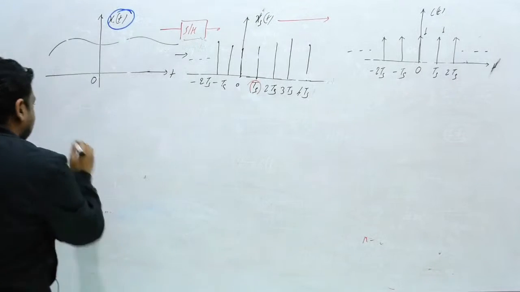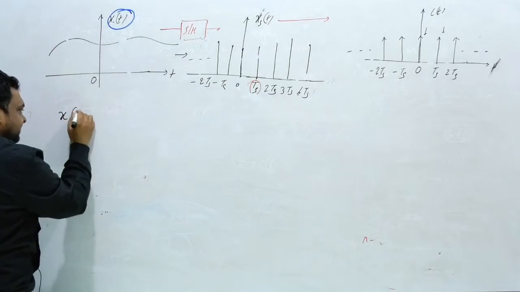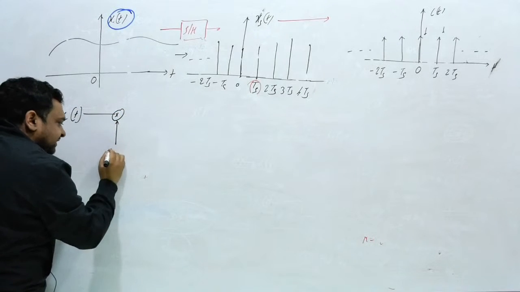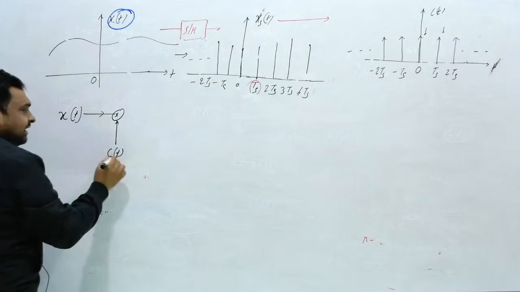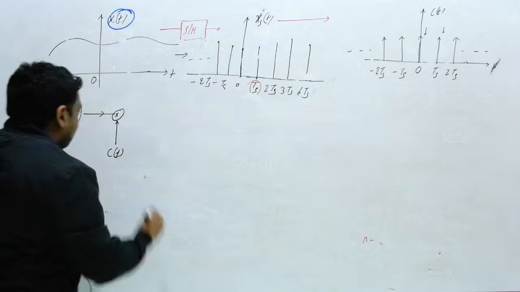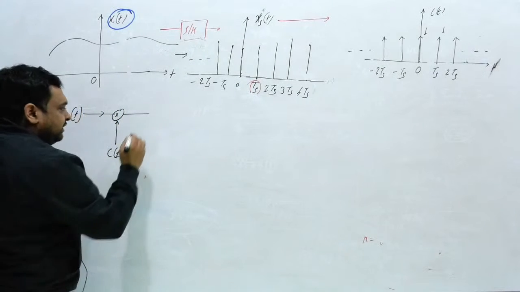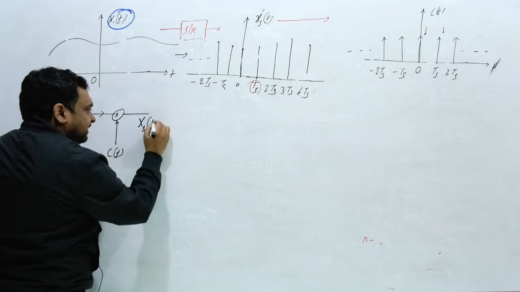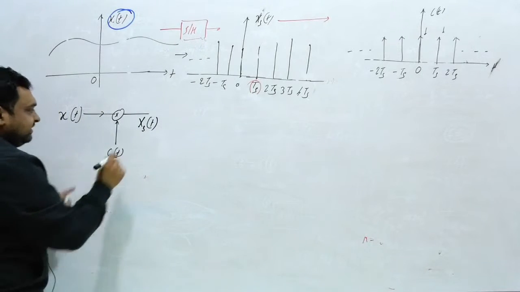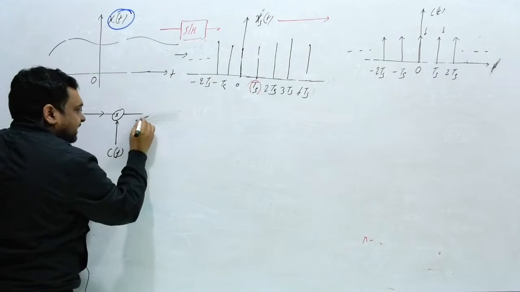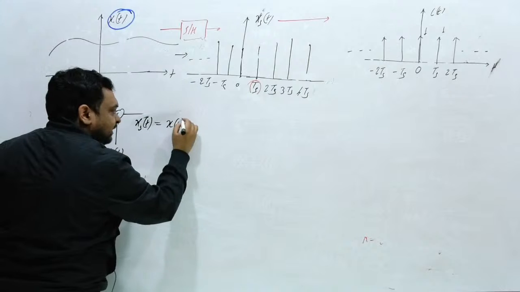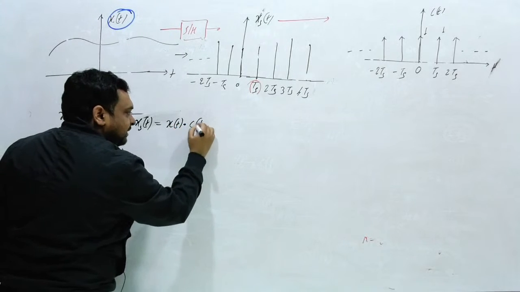So which parameter is our target? This is your message signal, and you have to multiply this signal with c(t), the impulse train, and the output you will get is xs(t). Clear? xs(t) equals x(t) multiplied by c(t).